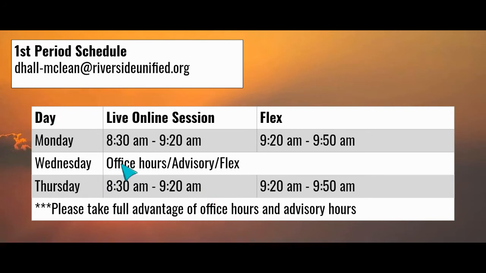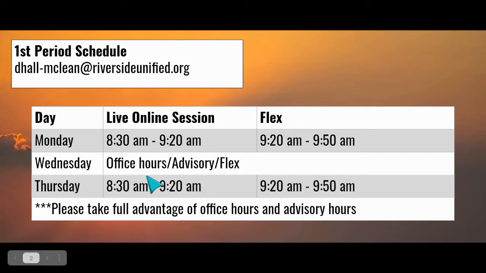First period, we meet on Monday and Thursday. Monday we meet from 8:30 to 9:20 a.m. That's a live online session, and then we have flex or independent work from 9:20 to 9:50 a.m. Those times are reflected on Thursday as well.